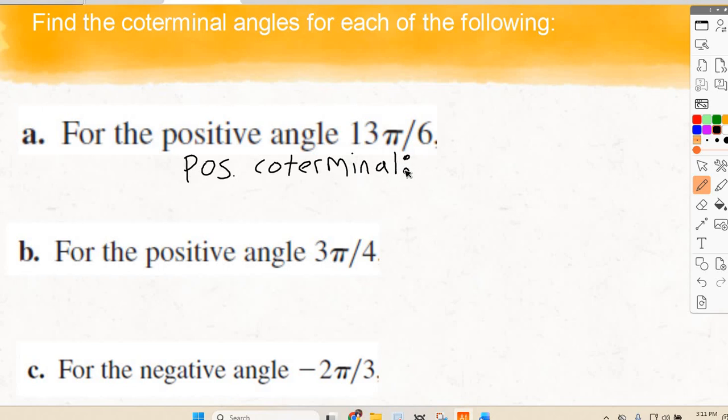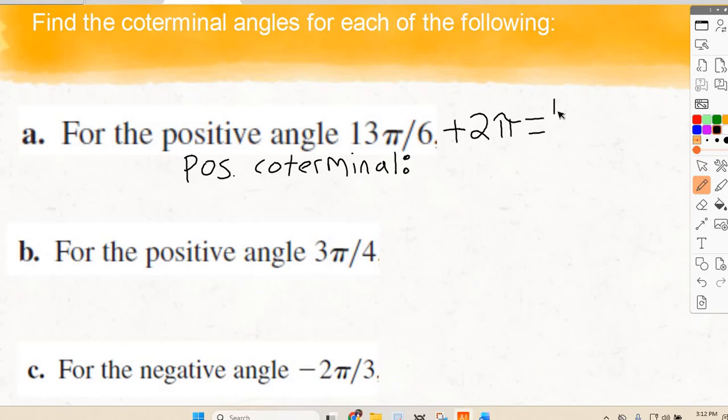So that means that we're going to do what? Add 360. But we're in radians, so instead it's going to be 2 pi. So we do have to find a common denominator. But what's nice is what's the denominator of our second? 1. So what's the common denominator between 6 and 1? 6.